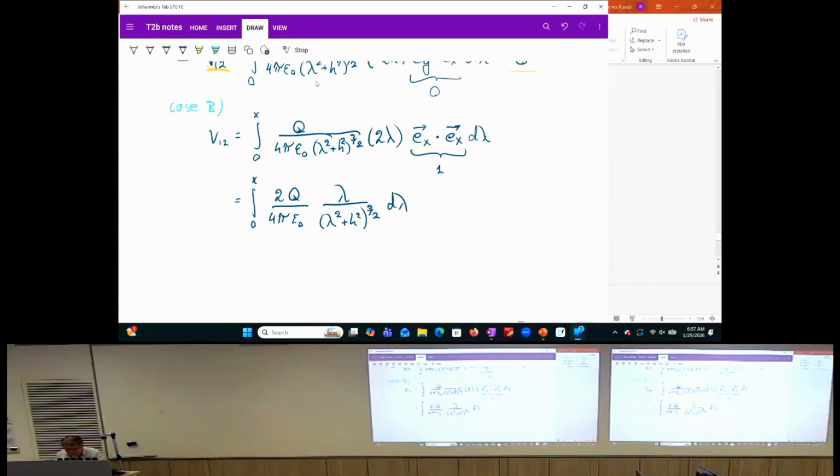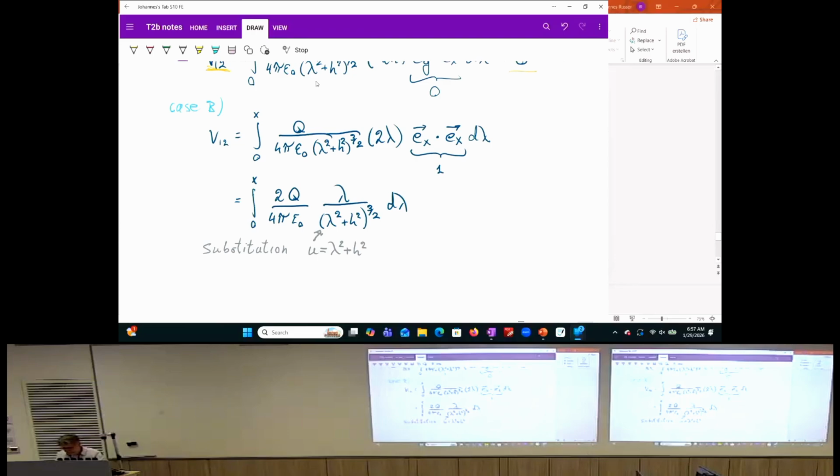What could we do? It doesn't look terrible, but it also doesn't look perfectly neat. But we actually find an easy way for that. We can do a substitution and make use of u, which is lambda square plus h square, and insert that here.